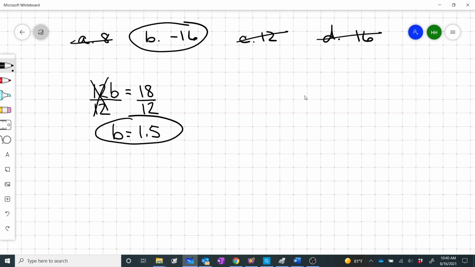You're done. And then to check your work, you take 12, and where there's a b, you substitute a 1.5, and you see if it equals 18. And in your calculator, when you type 12 times 1.5, well, you get 18 is equal to 18, and it checks. Clear with that? Very good.